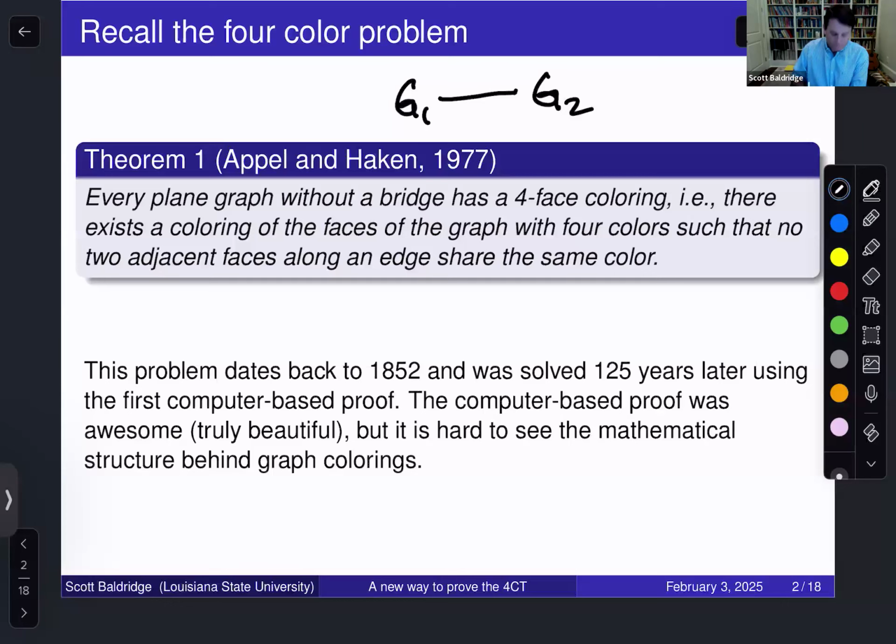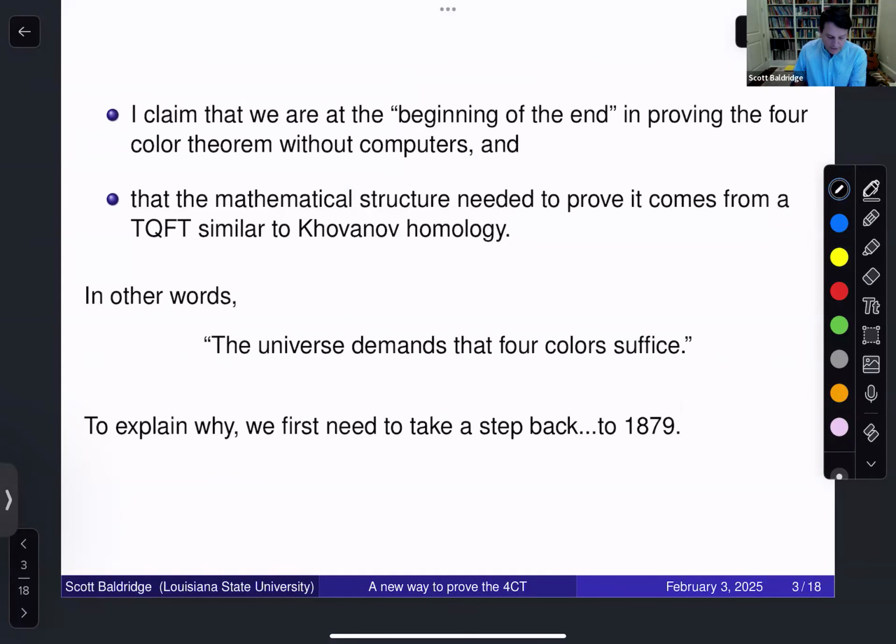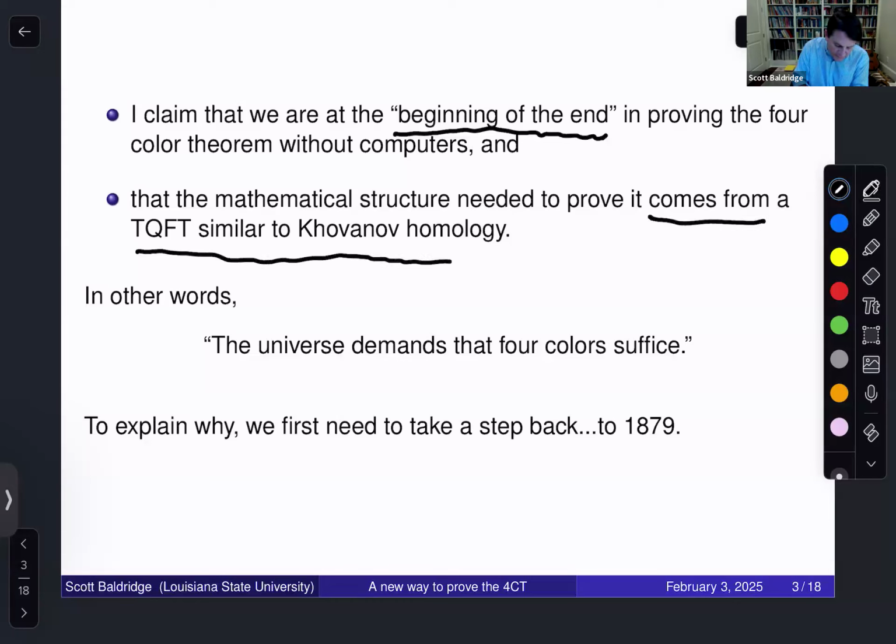So I want to make the claim that we are at the beginning of the end, and I'll show you what that means as we go along, of proving the four-color theorem without computers. And that the mathematical structure needed to prove it comes from a theory that's very similar to Khovanov homology.